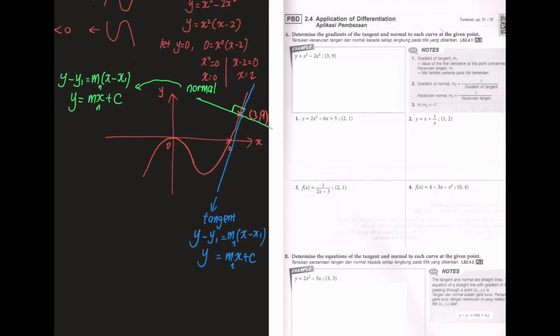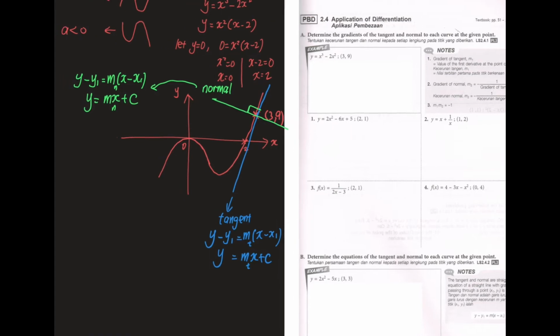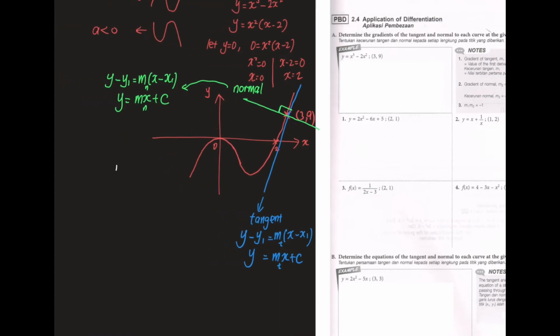So there is a relationship between the gradient of tangent and gradient of normal. The relationship is: gradient of tangent times gradient of normal is equal to -1. This is the perpendicular formula. When you multiply them, you get -1 because they are perpendicular to each other.